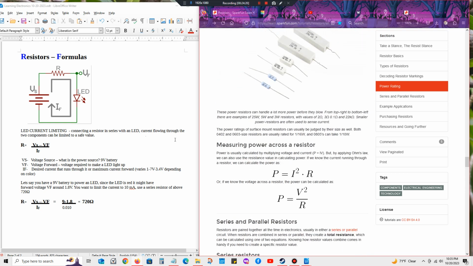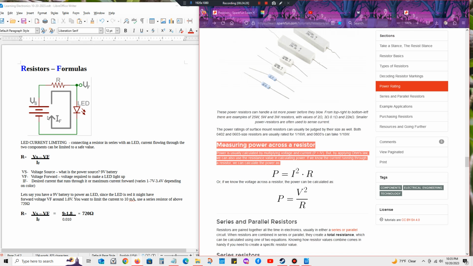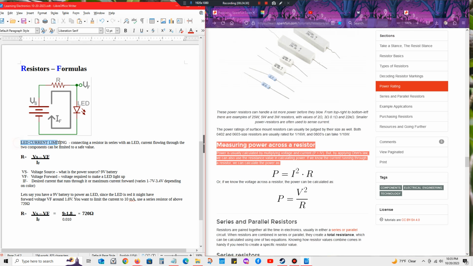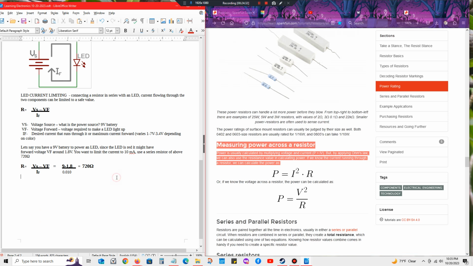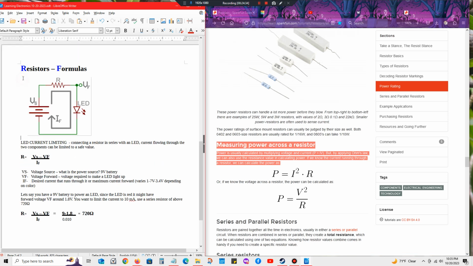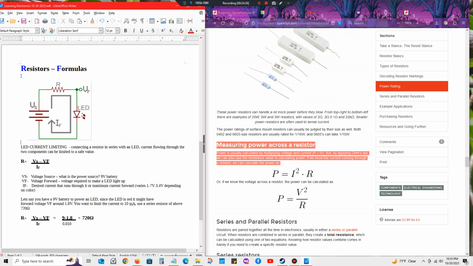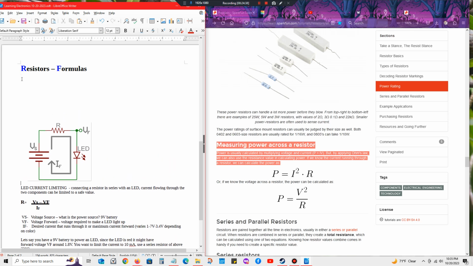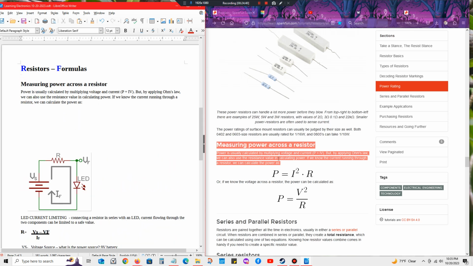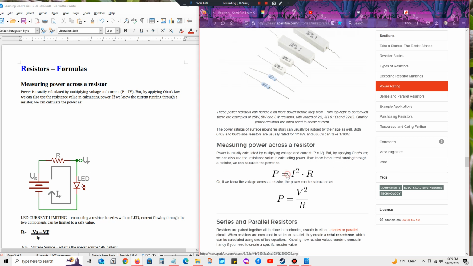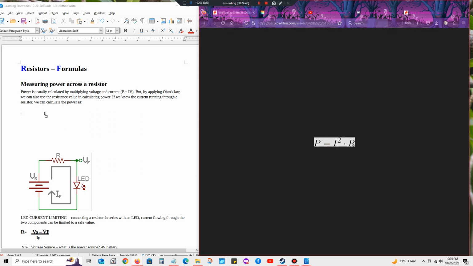You have the power, measuring power. I think I can just copy some of this up to a certain point. Dang, really?